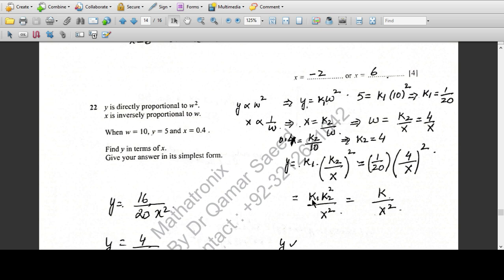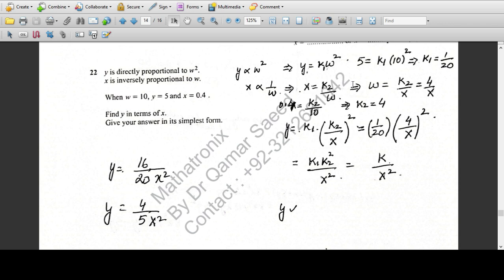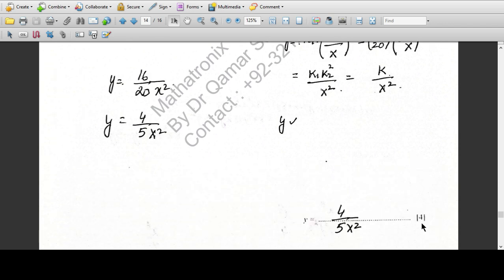Basically k1 is 1 over 20 and k2 squared is 16, so this is 16 over 20, times 1 over x squared. On simplification this is 4 upon 5x squared. This is simple. Question 22 has 4 marks.